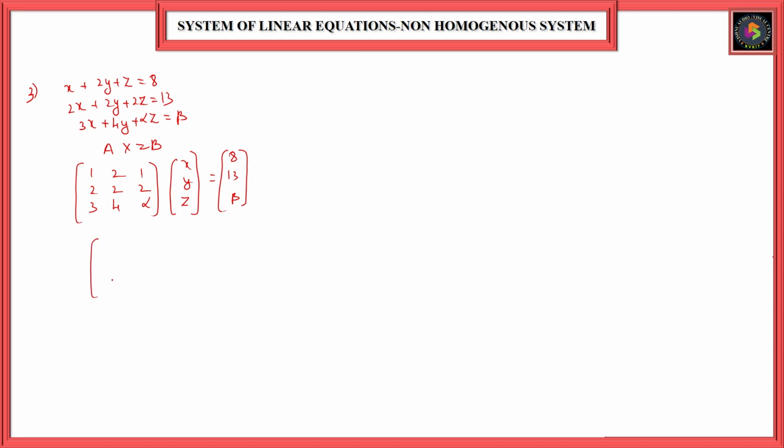Now write the augmented matrix. Augmented matrix is the matrix A along with the matrix B. After writing it in this form, convert the augmented matrix into echelon form. So, R2 implies R2 minus 2R1 and R3 implies R3 minus 3R1.